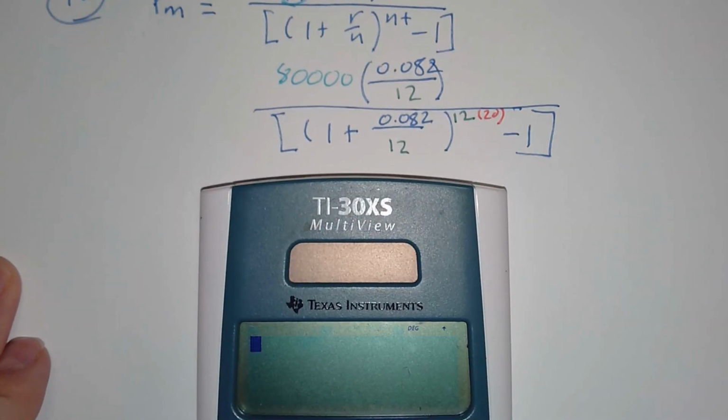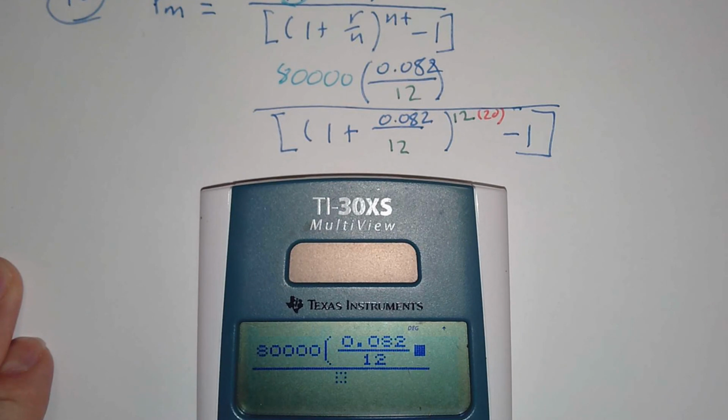So now we're going to put this in our calculator. So we're going to do our fraction key, 80,000, parentheses, fraction key, 0.082 over 12. Right arrow, close off the parentheses.